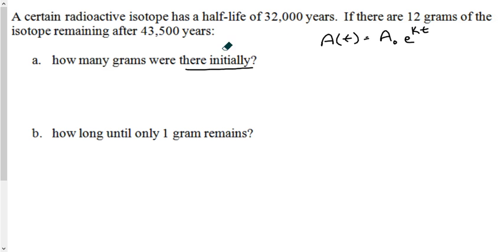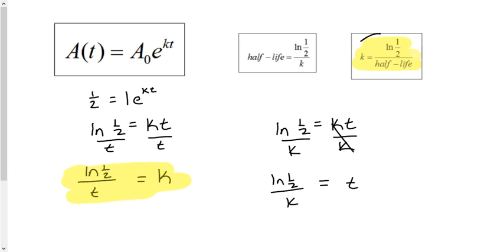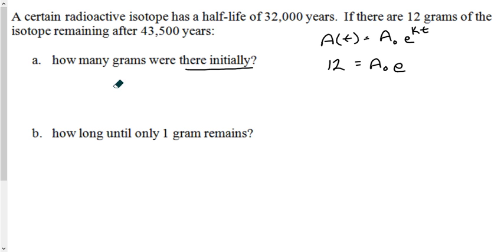So if we put the 12 in for this final amount, and we'll leave this one as the initial amount because that's what we don't know, and then e to the kt. Okay, well, the k, that's actually something that we were working with just a minute ago, right? Remember, we know what k is. k is this whole thing. So we could use that right here, and I could say, well, k is actually equal to the natural log of 1/2 divided by the half-life, 32,000 years.